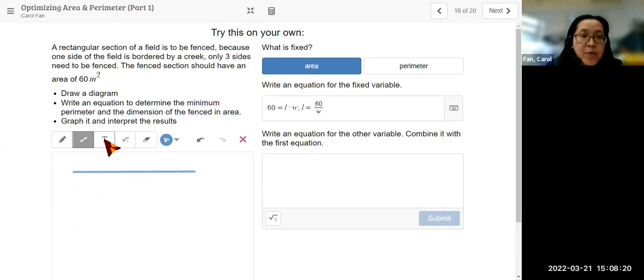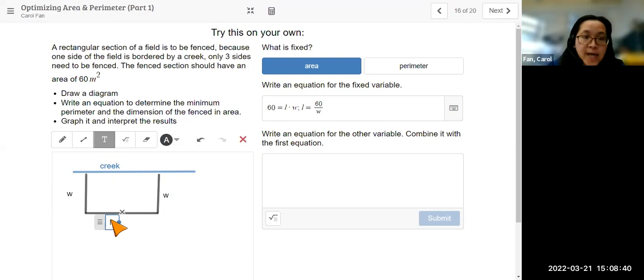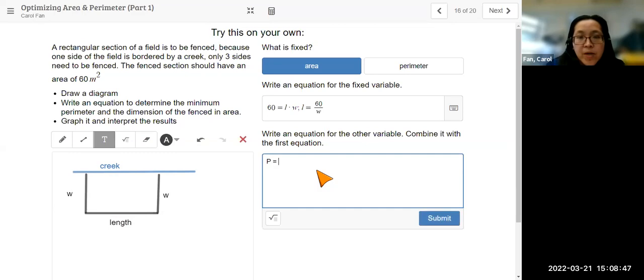Okay, so this is my creek. And I'm gonna have a fence, fence, and fence. Let's call this width. I'll call this length. Okay, so our perimeter is equal to 2W plus 1 length.